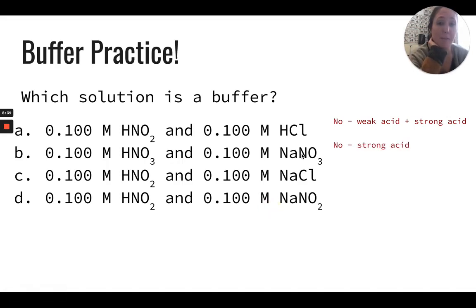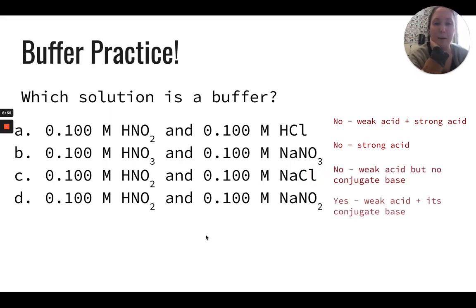That cannot buffer because this conjugate base has no power. The next one, HNO2, I have my weak acid, but do I have its conjugate base? I do not. The last solution then is my buffer. I have a weak acid and I have a salt that contains its conjugate base. So this is our buffer.